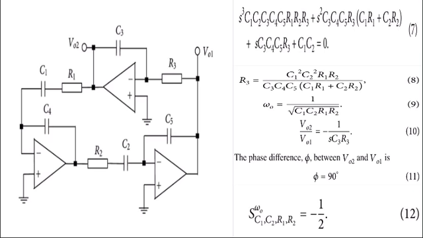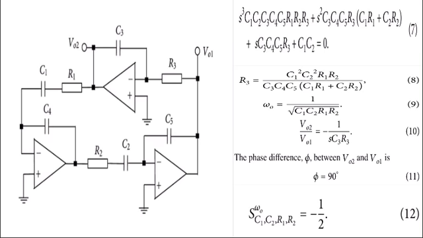Here the output voltage transfer function from V02 to V01 is V02 by V01 equal to minus 1 by S C3 R3. This is equation number 10, and the phase difference between the two voltages V01 and V02 is 90 degrees.